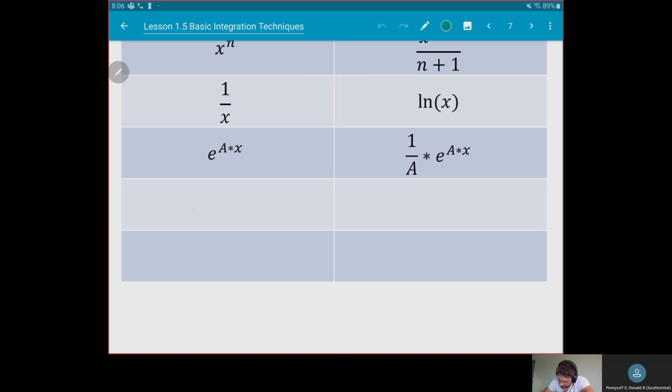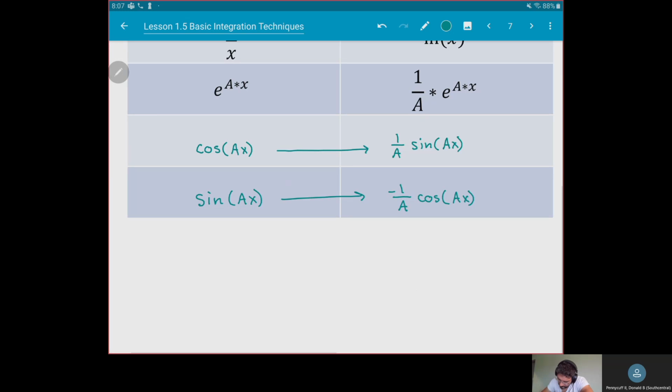One of them is cosine of AX, and that converts into 1 over A sine AX. Another one is sine AX, converts over into negative 1 over A cosine AX.